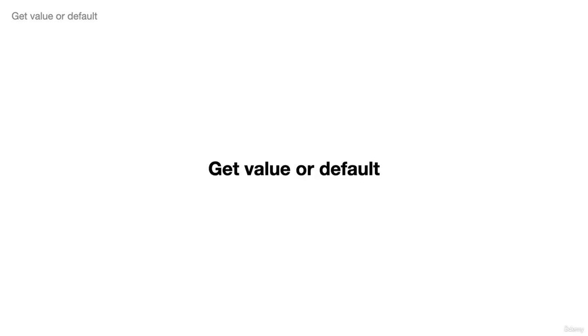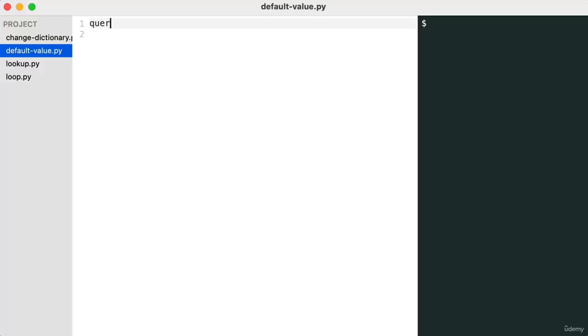What happens if you need a value but it is not certain that the value is in the dictionary? Look at this dictionary. It has keys ID, cat ID, and browser.